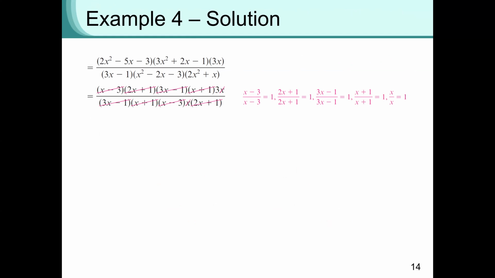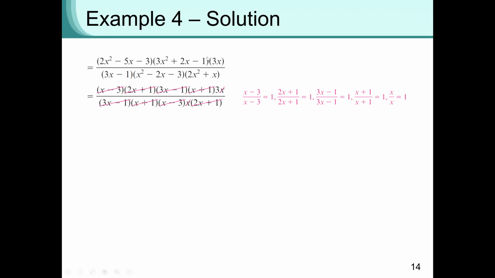Factorize trinomial. So we get x minus 3 times 2x plus 1. Then the same thing applied to 3x squared plus 2x minus 1. We factorize it, we get 3x minus 1, x plus 1 times the 3x. And here also the same thing, we factorize x squared minus 2x minus 3. That gives us x plus 1 times x minus 3.